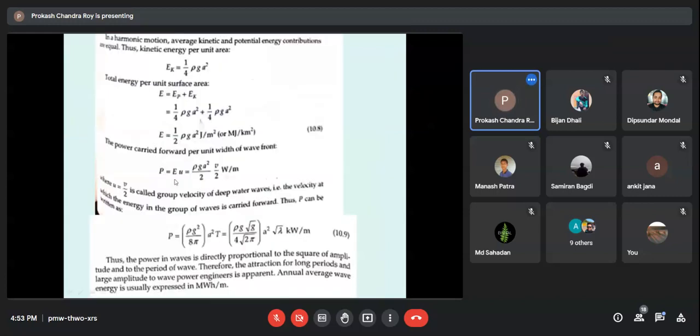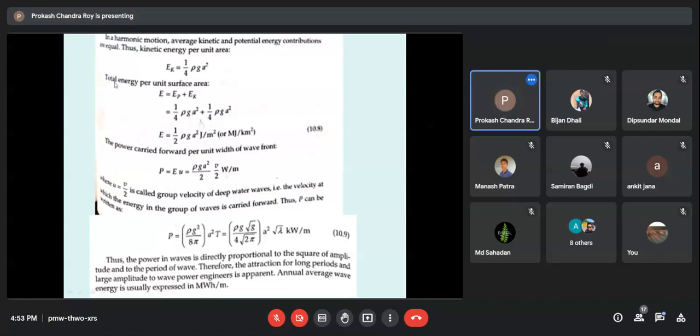And if you consider this a simple harmonic motion, the average kinetic energy and potential energy contributions are equal, considering the harmonic motion. It will move at a certain velocity, so the kinetic energy also will be the same value.